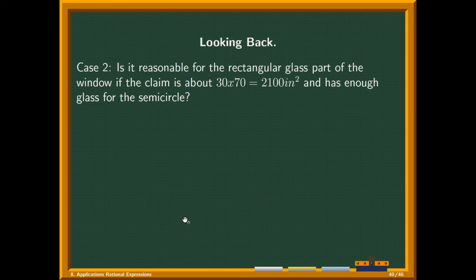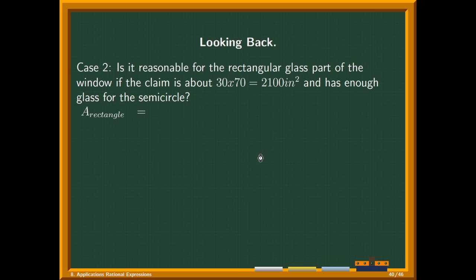So for case number 2, is it reasonable for the rectangular glass part of the window to claim to have 30 by 70, or equal to 2,100 square inches, and still have enough glass for the semicircle? What if we adjust the design into 30 by 70, not anymore 34 by 68? Let us try to check.